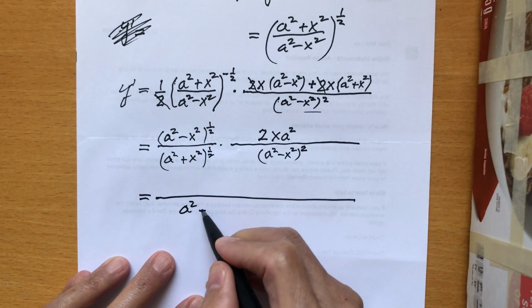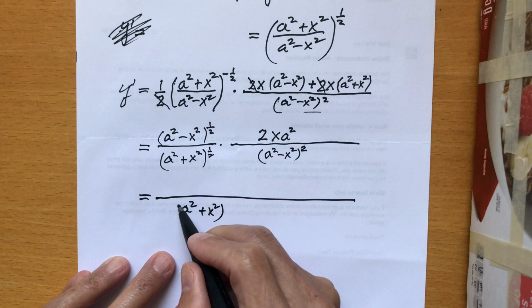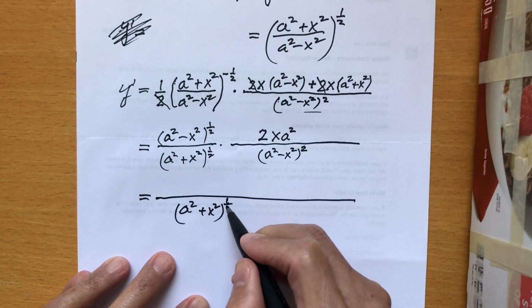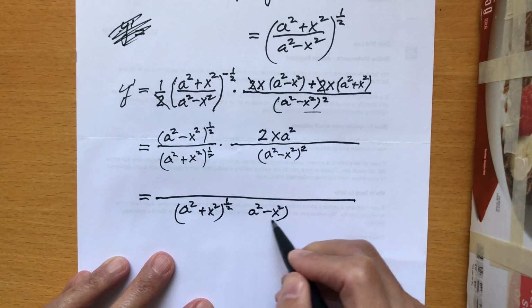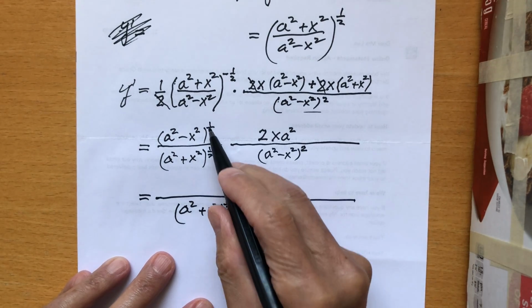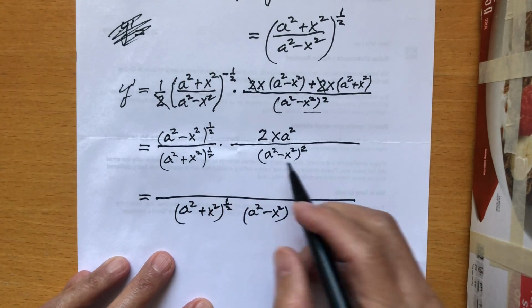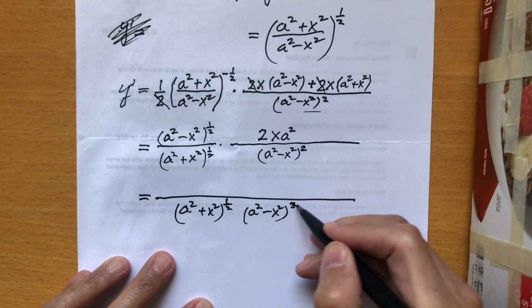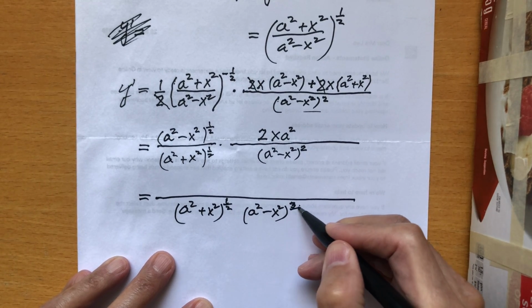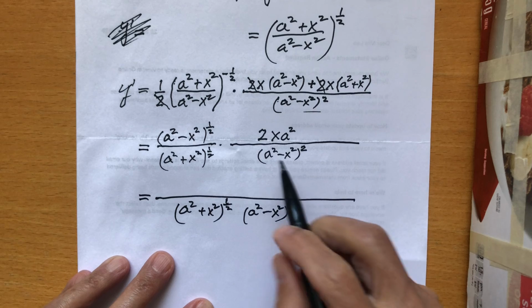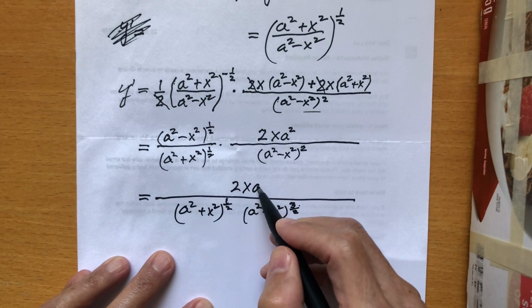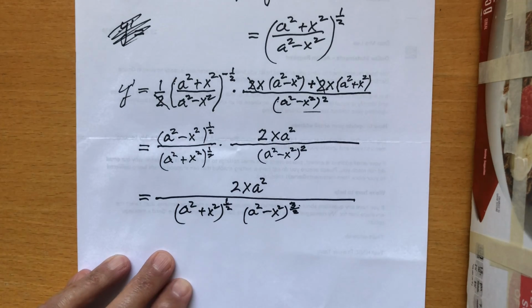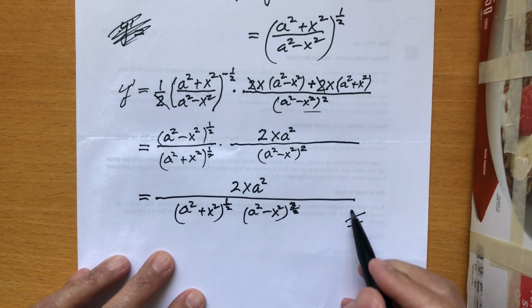So I have a squared plus x squared to the 1/2, and a squared minus x squared to the 2 minus 1/2. 2 minus 1/2 is 3/2. And the top is still 2x a squared. So that's my final answer.